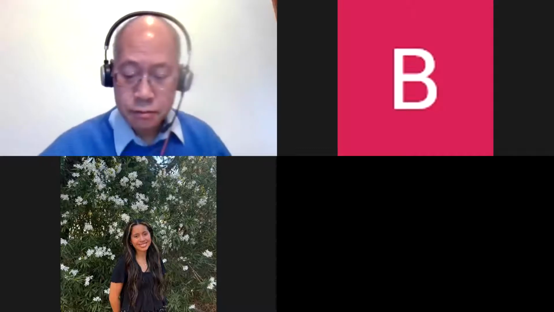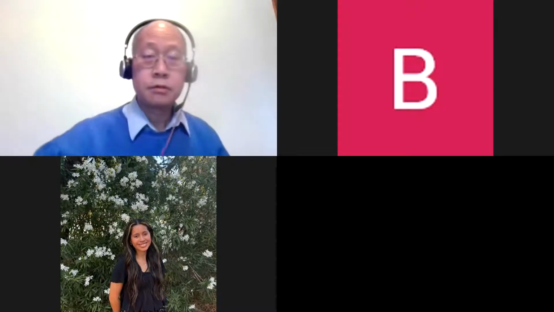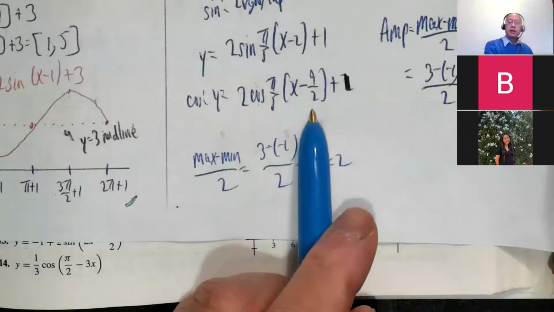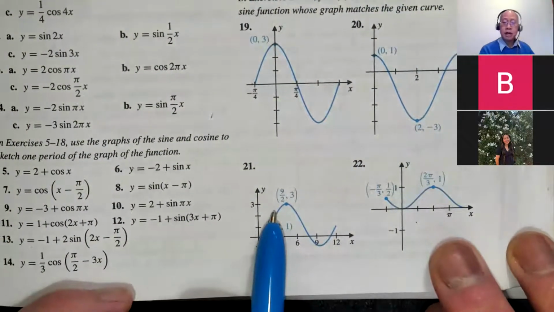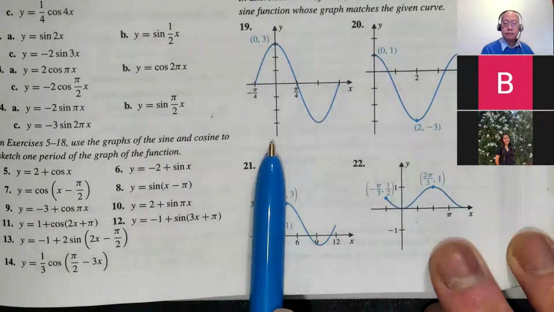How did you get the 9/2 in the cosine equation? 9/2? Yeah. Okay, so the 9/2 was because if they wanted a cosine type function, cosine starts off at the maximum.